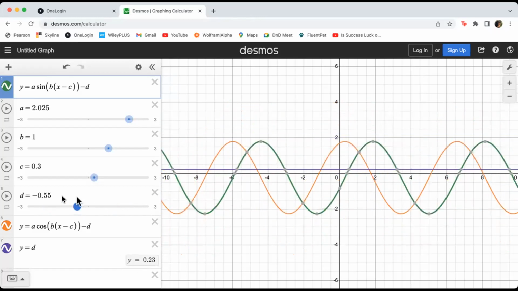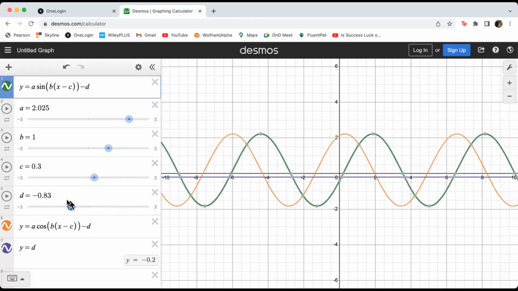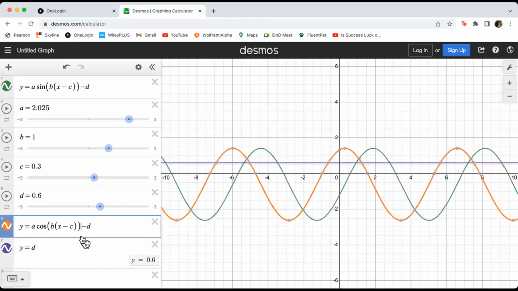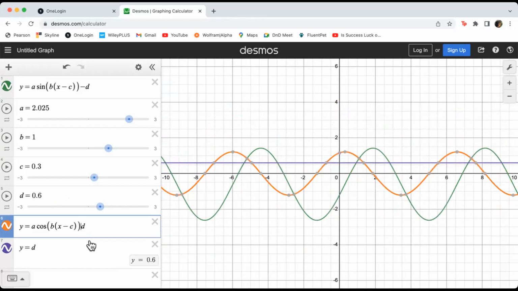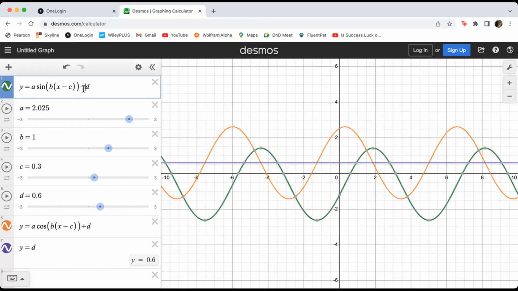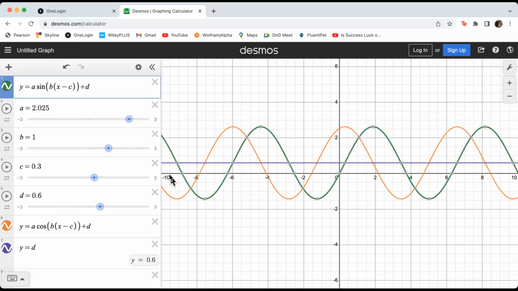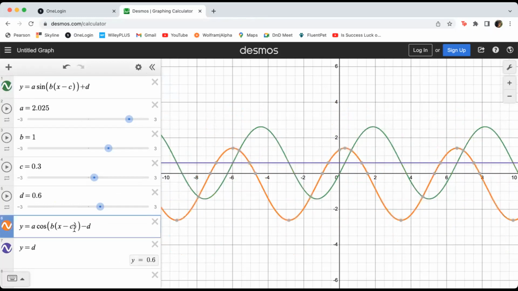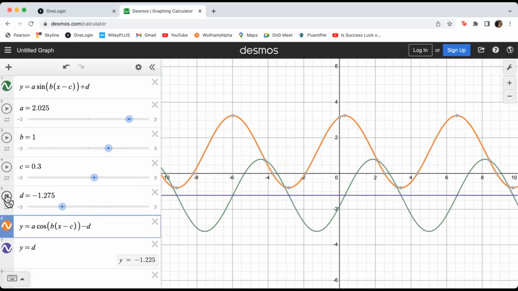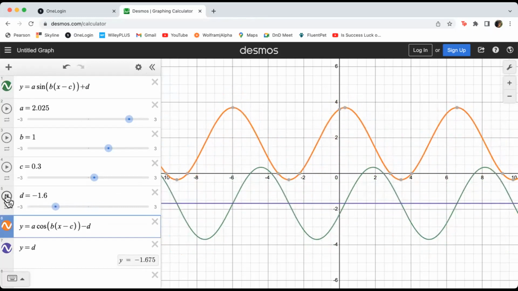No, come back here. Having trouble typing plus. If we change one in cosine, now they're going opposites. Now they're trying to catch each other.